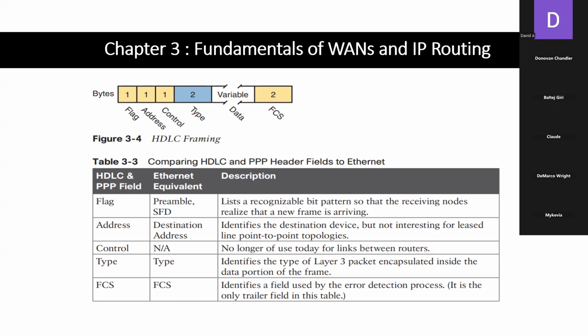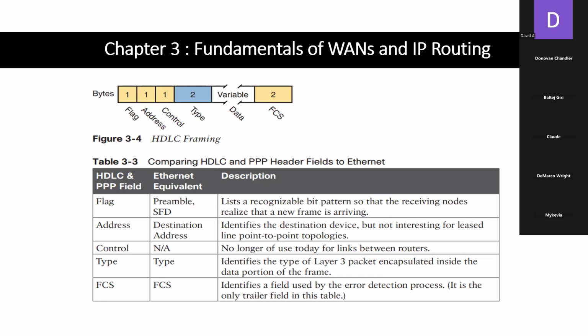But the key thing is how I transfer this data is different. In the local area network, how my frames look at layer two and how it looks at layer one, how my packets look at layer three, is entirely different whenever I'm transferring that data via a lease line.